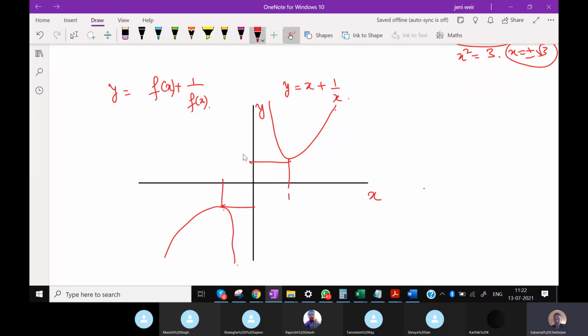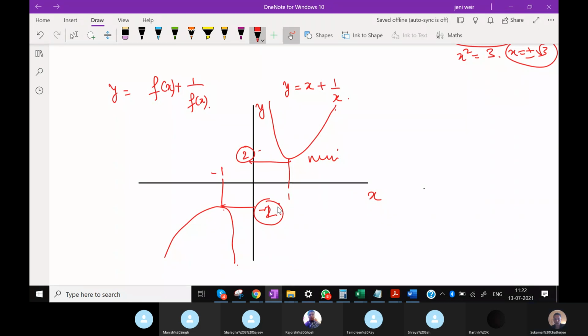So the minima would be 2 and the maxima would be minus 2. So this is the nature of the base function x plus 1 by x.